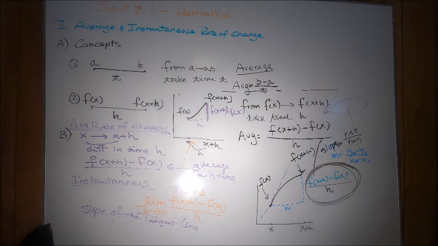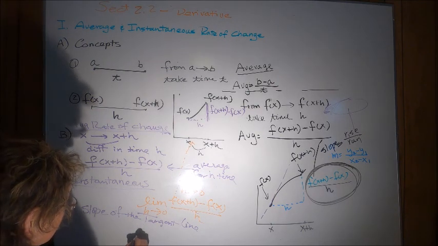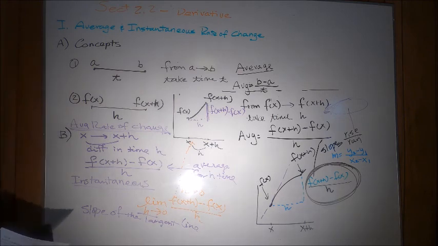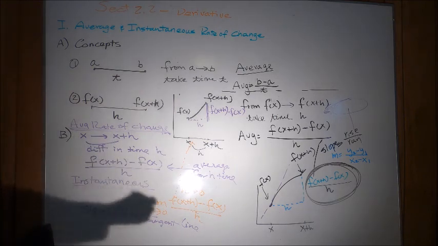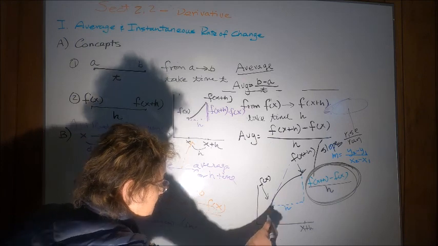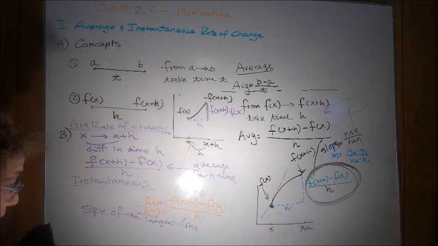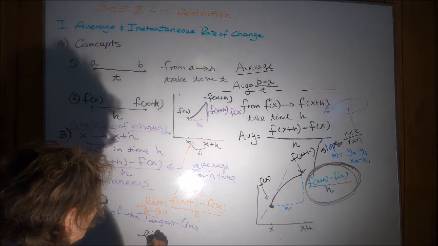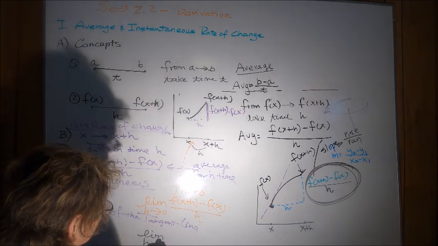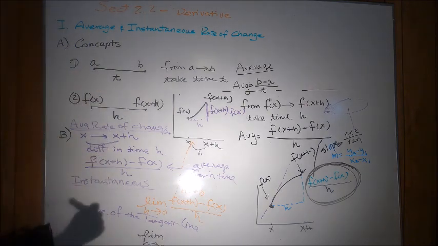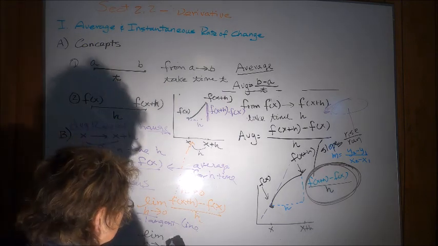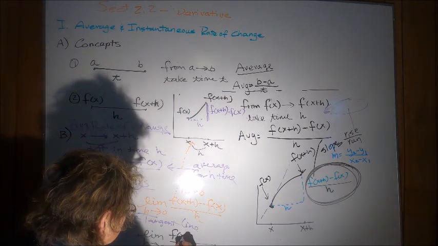So we write it this way, and it becomes the slope of the tangent line at this point at the time, right? Because we are talking about that point. So at that point in time, h will approach 0, very close to x, right after the x time.